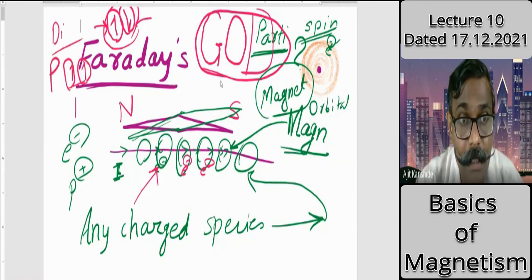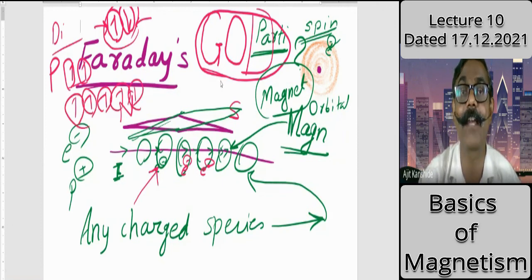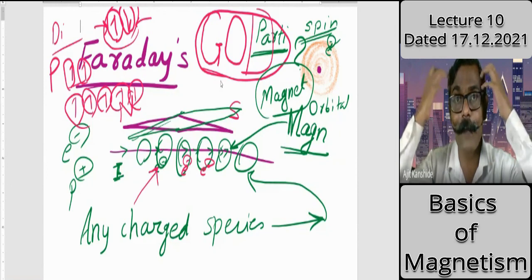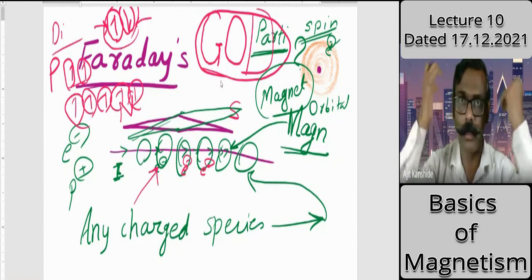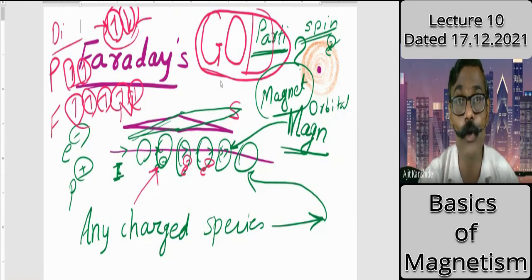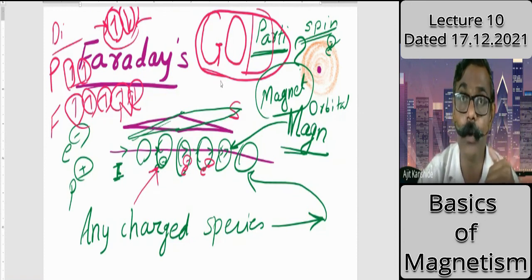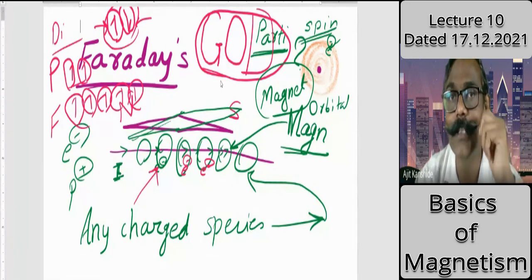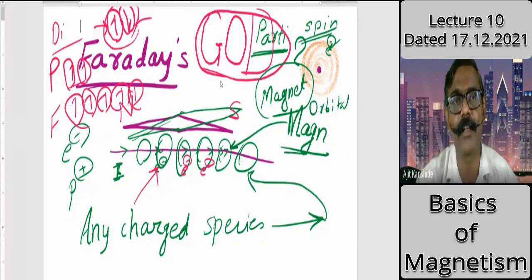But when a large number of unpaired electrons are there, large magnetic lines can pass. Like too many neurons in the brain, the brain is well developed, the brain went to wisdom level. Large magnetic lines can pass. It is ferromagnetic material. So at the beginning, I told you the general aspect. Now I am telling you some particular aspect. Magnetism is due to the tiny magnet, and a tiny magnet is none other than the electron.